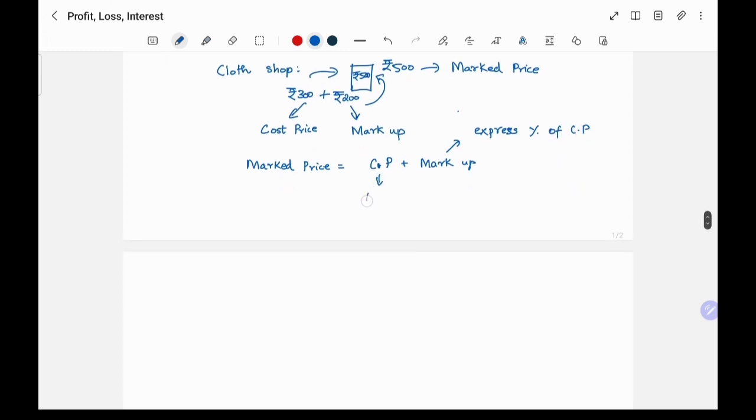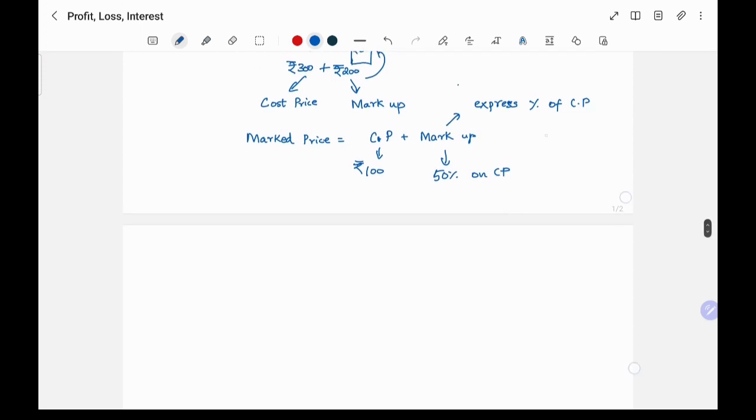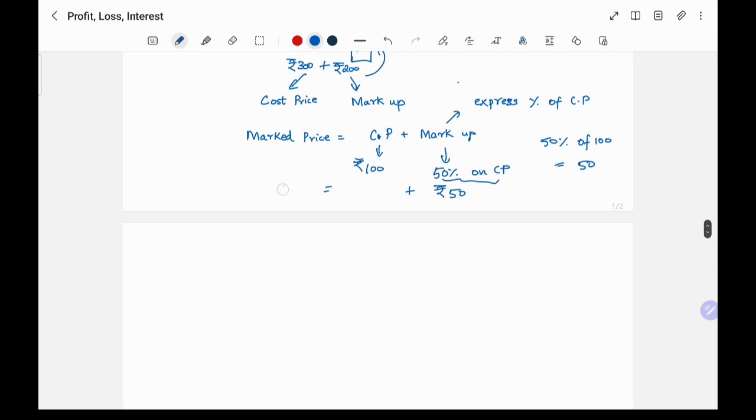So let's take the cost price as 100 rupees and markup is 50% on cost price. So 50% of cost price is what? 50% of 100 is nothing but 50. So markup is nothing but 50 rupees. So they can also express it as some percentage of cost price. So the marked price will be 150 rupees.